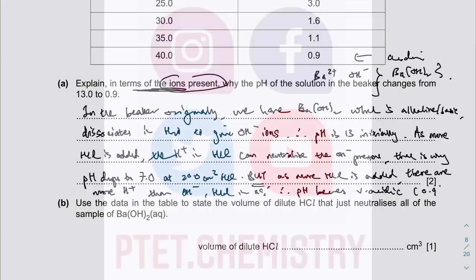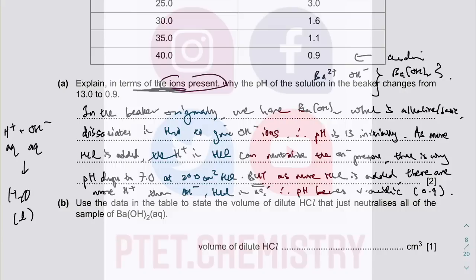It becomes like 0.9. So that's it. I have gone from being alkaline in the beaker. The beaker has OH minus ions, that's why it's alkaline. I add HCl, so the H plus neutralizes the OH minus to give you water. Yeah, H plus and OH minus, classic neutralization reaction.